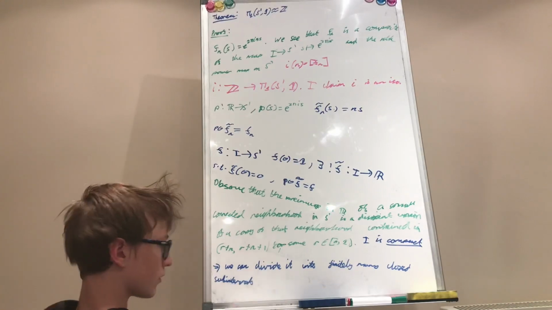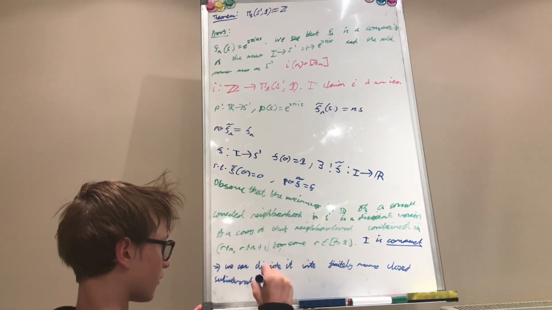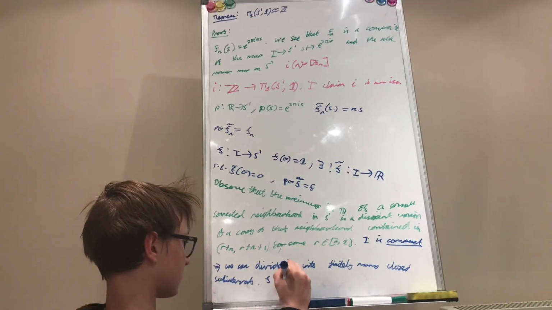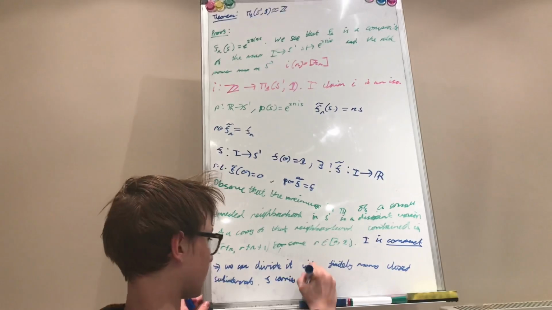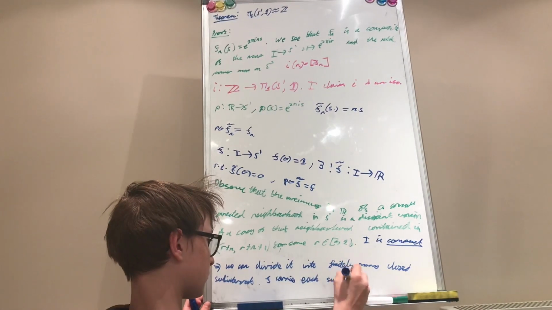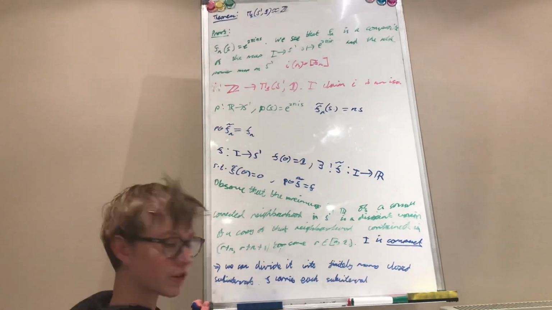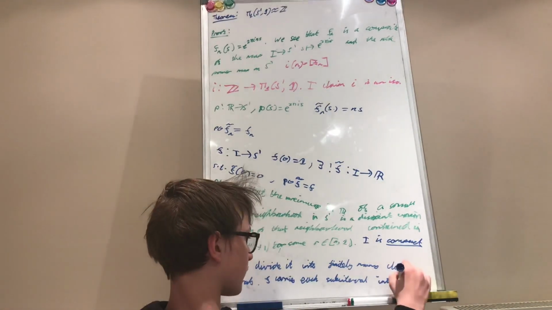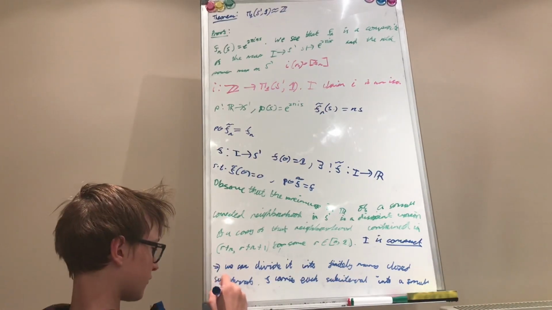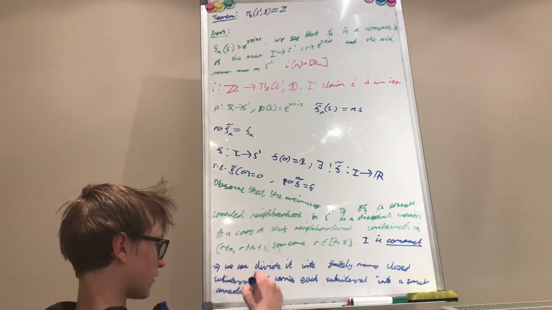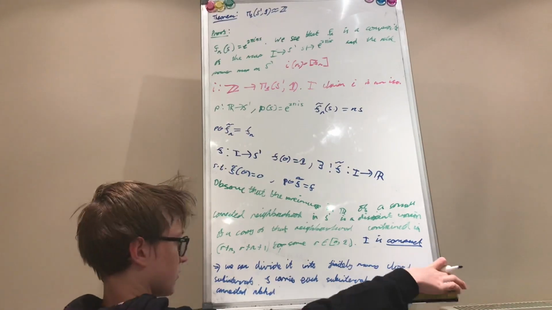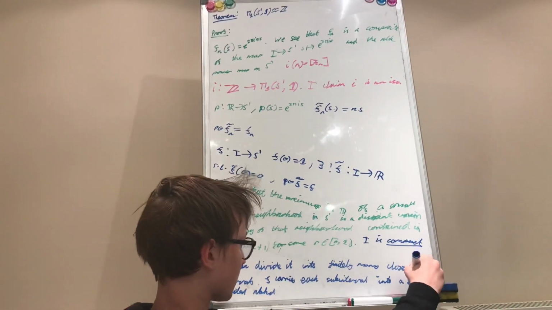Now we have f which carries each subinterval into a small connected neighborhood. Alright, I'm just going to write it like this. Okay, into a small connected neighborhood.